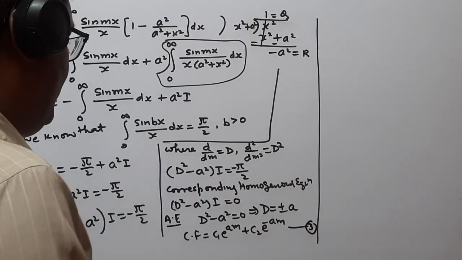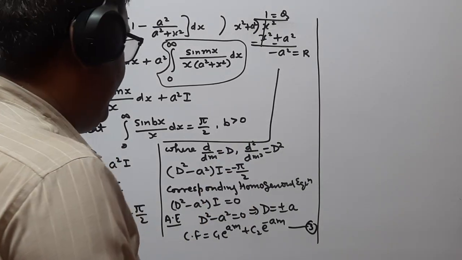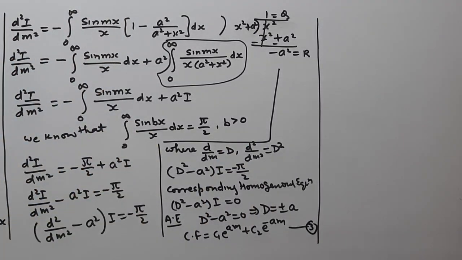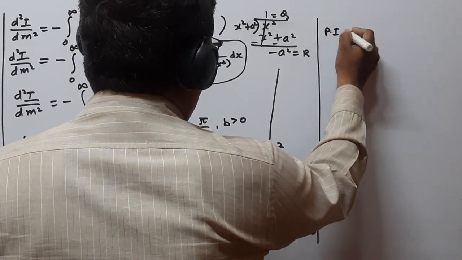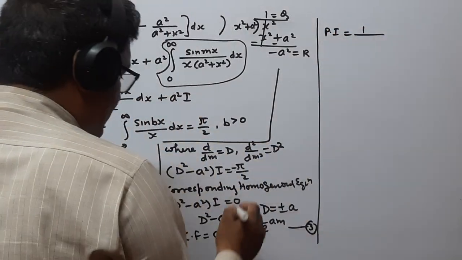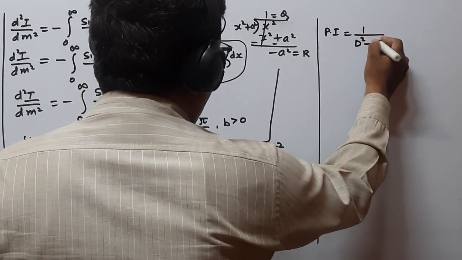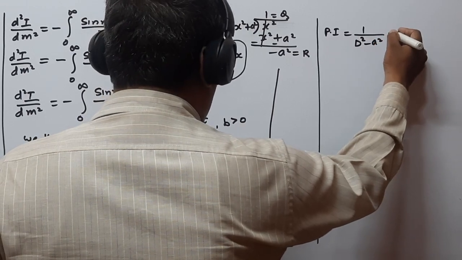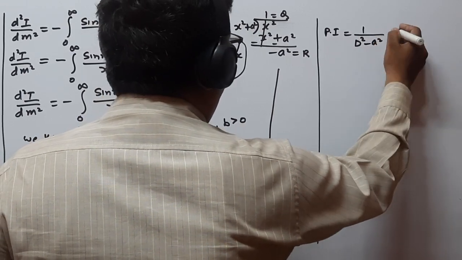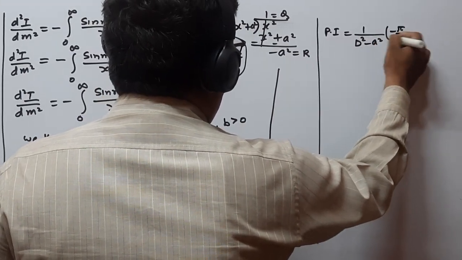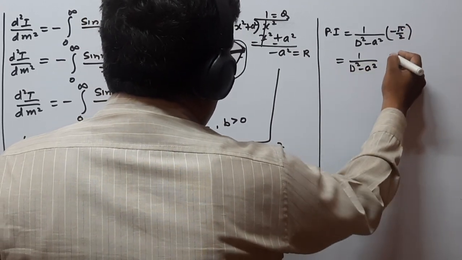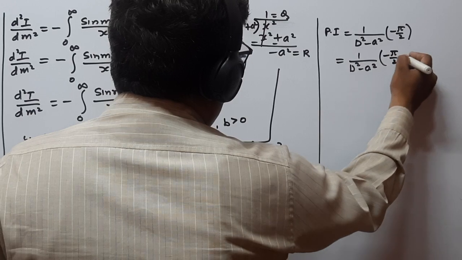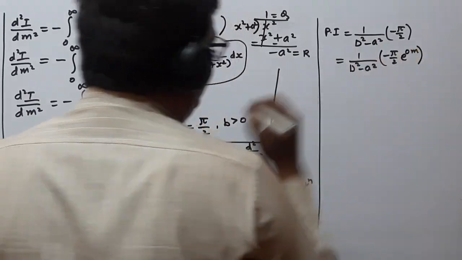Now we find the particular integral on the right hand side. So the particular integral can be written as 1 upon D square minus a square of minus pi by 2, which can be written as minus pi by 2 e to the power 0m.